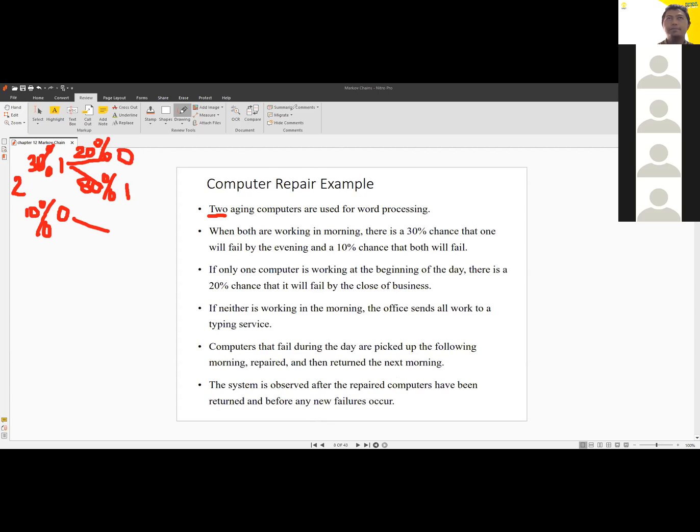Okay. Any questions from this example? Which part are you still confused about?